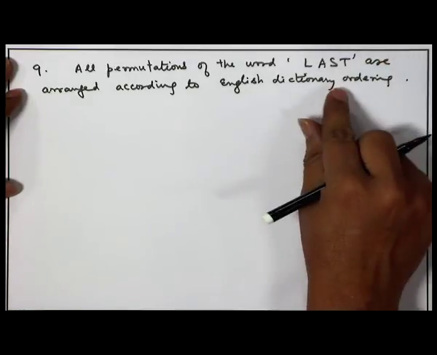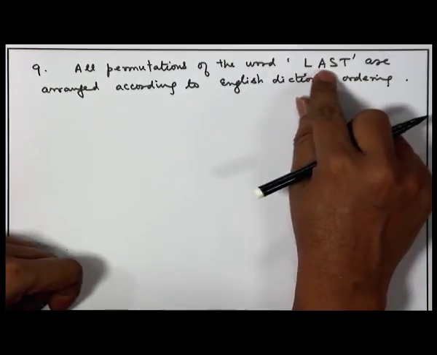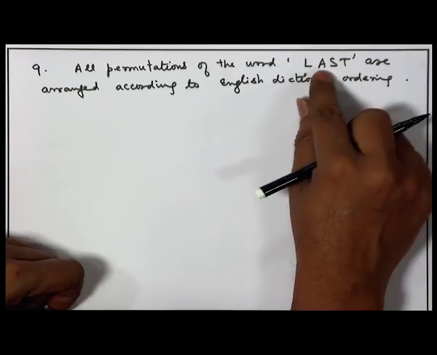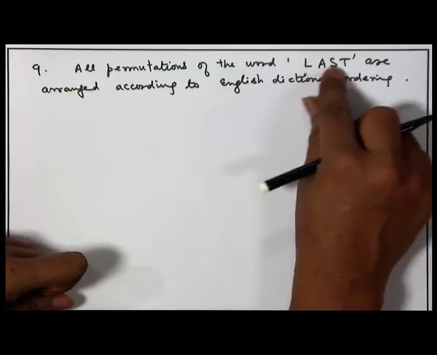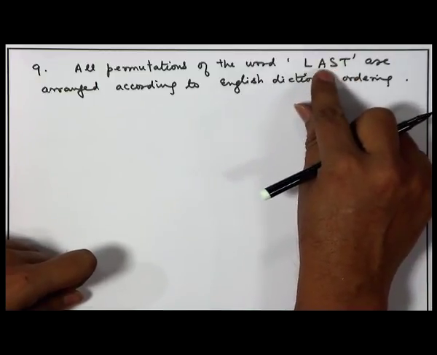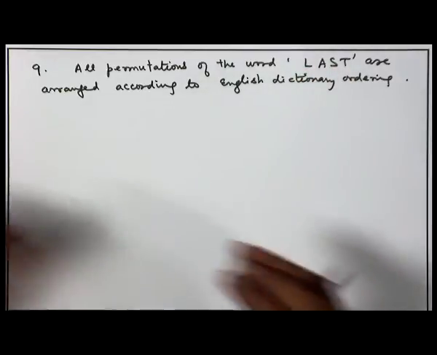What is English dictionary ordering? If we look at the letters A, L, S and T, the first word will be A, L, S, T, and then the next one starting with A will be A, L, T, S, and like that. That means the exact dictionary ordering has to be followed.